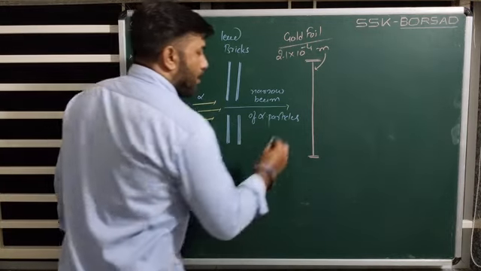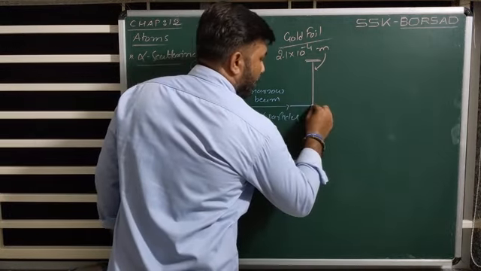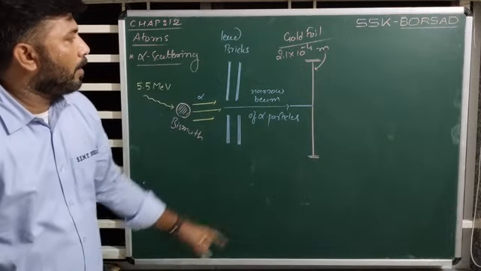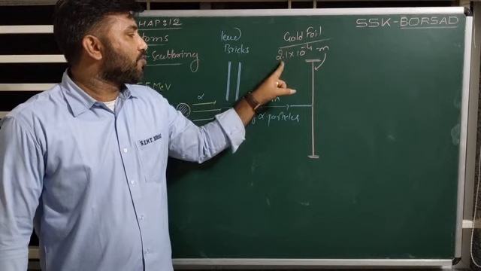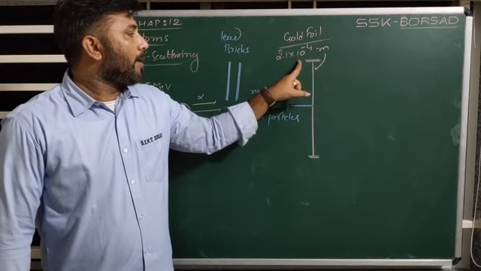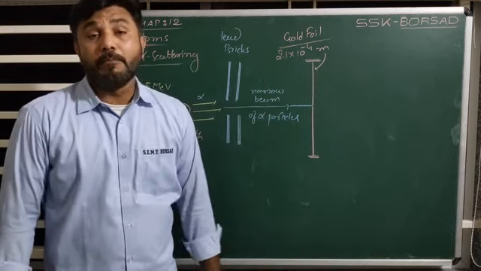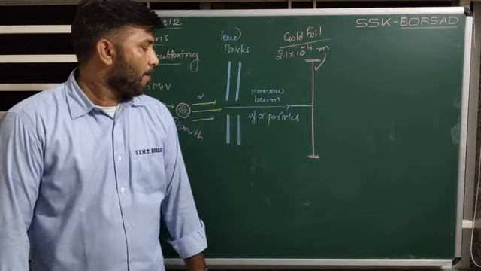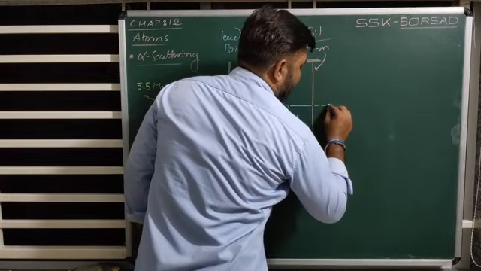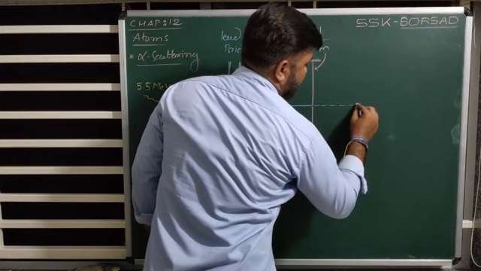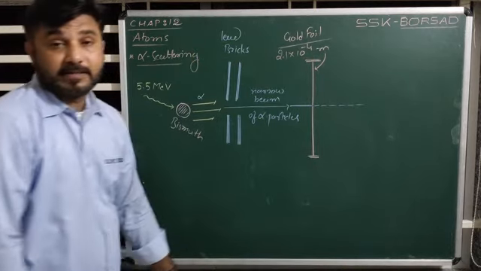This narrow beam gets incident on a gold foil whose thickness is 2.1 multiplied by 10 raised to minus 4 meter. Okay, so these alpha particles get scattered in all the directions.